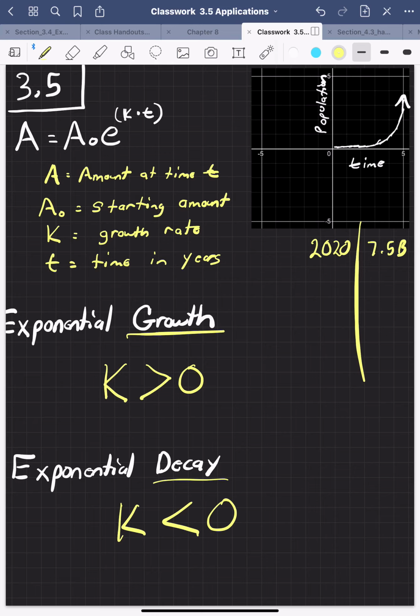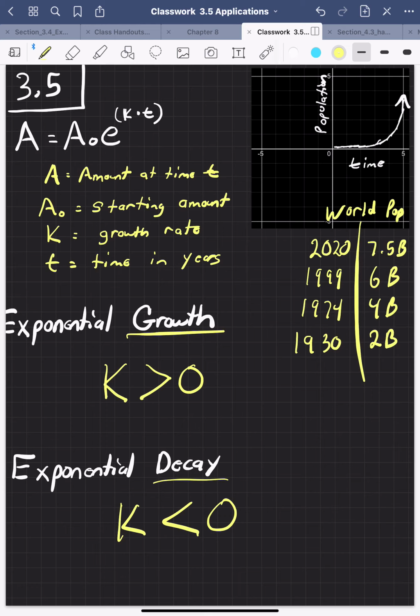Now, if you go back to 1999, world population was 6 billion. 1974, 4 billion. 1930, 2 billion. And the year that world population hit its first billion was about 1804.